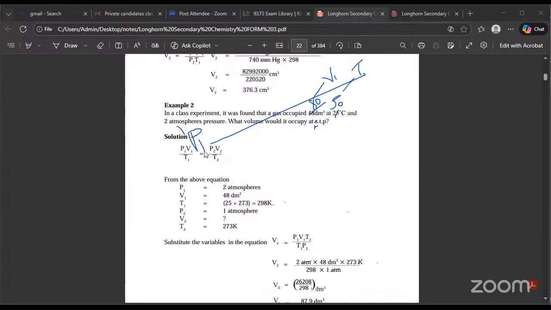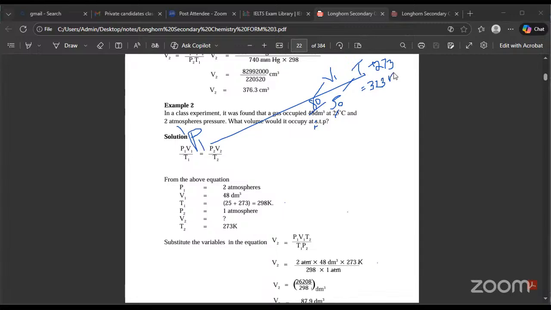Now remember, one variable is not in the good units for calculation, which is temperature. So you add 273. So the temperature will be 323. I hope that is okay.